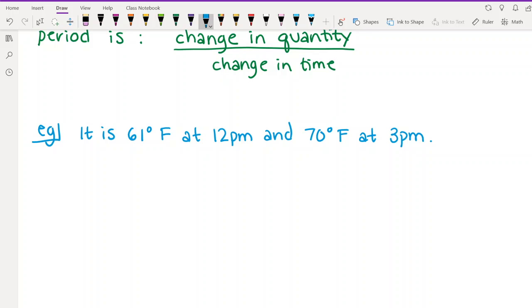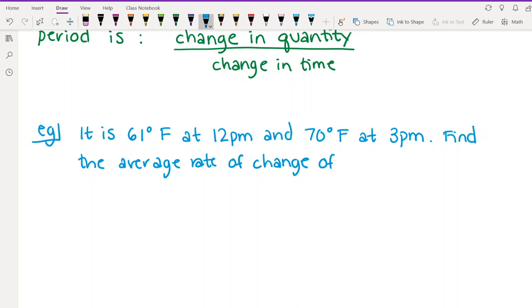So what we want to find is the average rate of change of the temperature over this time period, from 12 p.m. to 3 p.m.